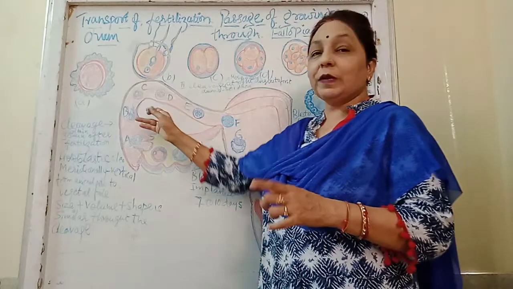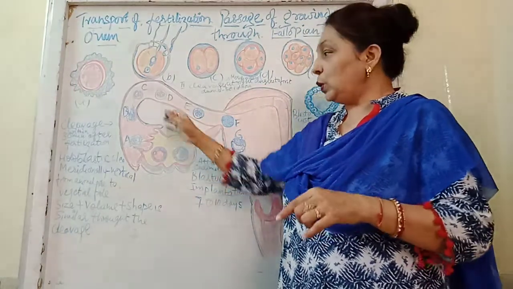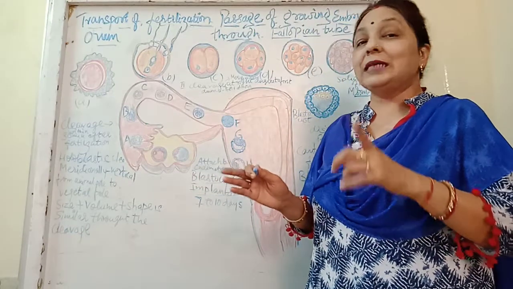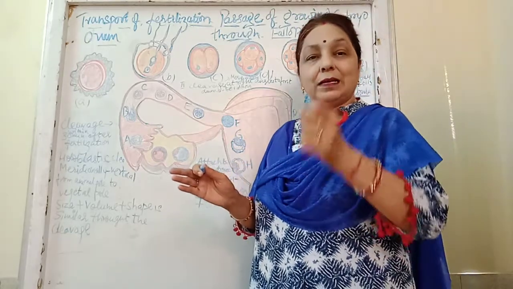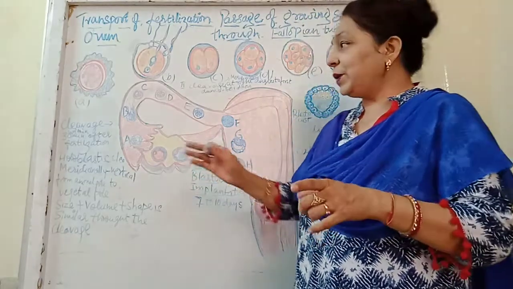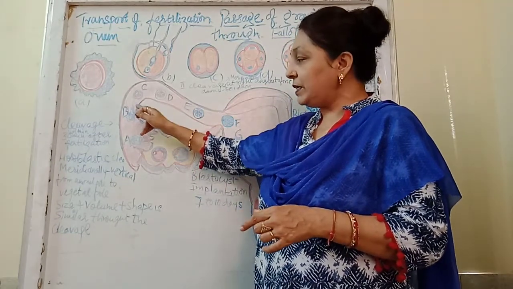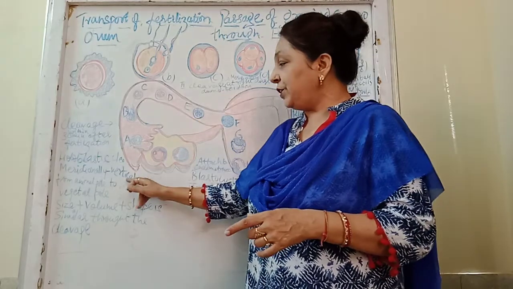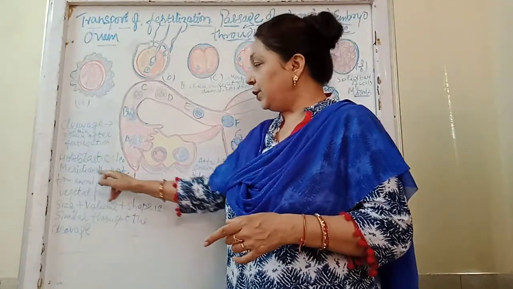The process of cleavage is holoblastic in human beings, because, as I told you already, the human egg is alecithal. It lacks yolk, or contains a negligible amount of yolk. The cleavage is holoblastic and meridionally vertical.